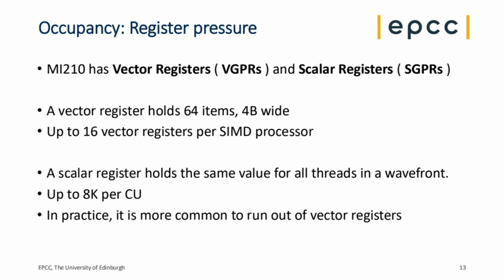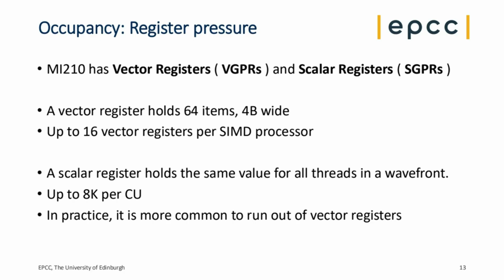So to give you some details about what the registers look like, on the MI210 you have what are known as vector registers, and they will hold data that are specific to each thread. And so you have 64 items, 4 bytes wide. You have up to 16 registers per SIMD processor.